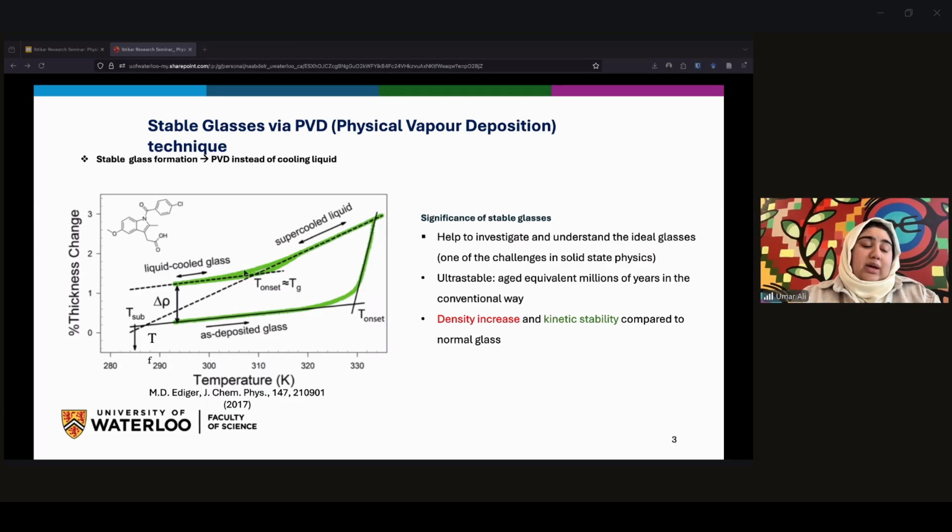And we can see that there is a big difference between the thickness for the ordinary glass and the stable glass.